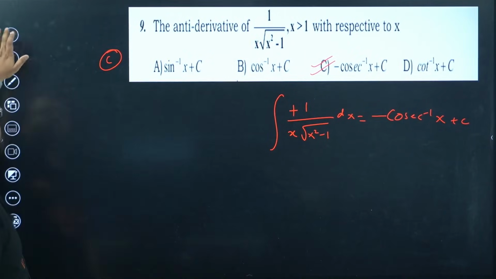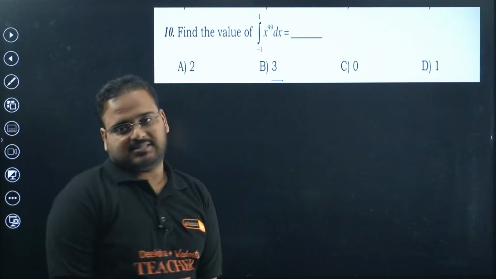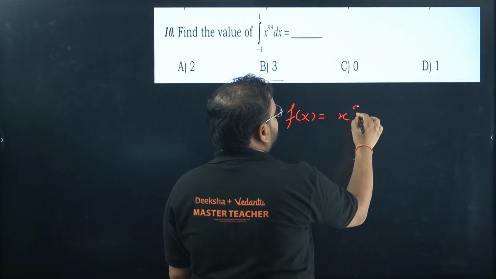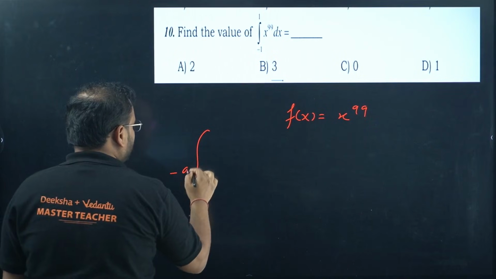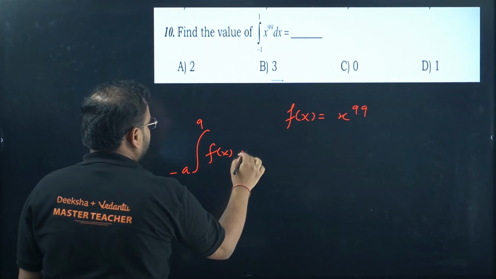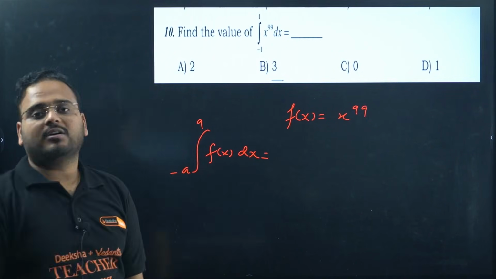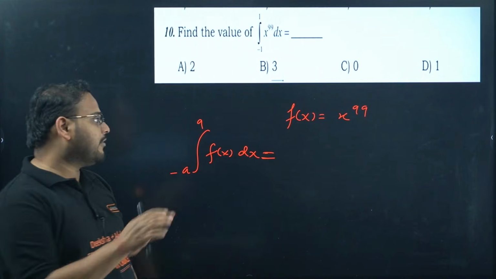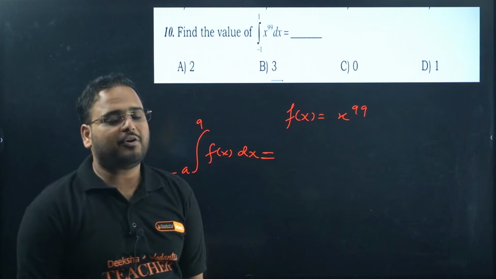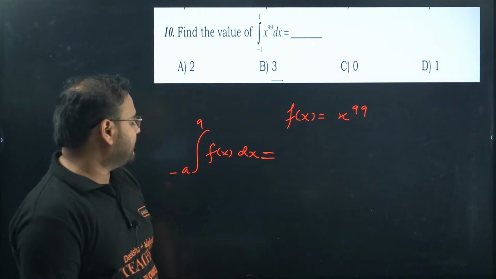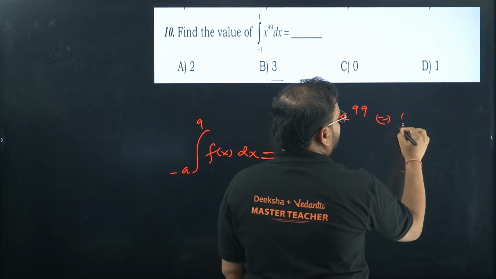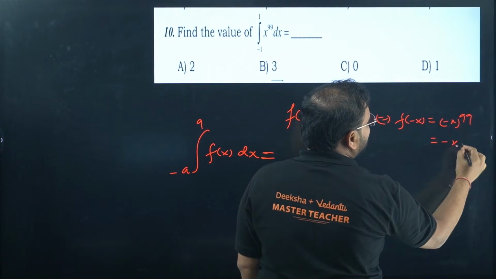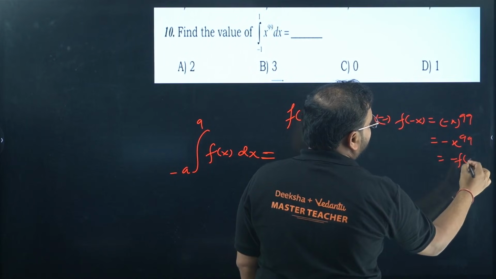Okay, 10th one, find the value of this. Check it out. My function over here f(x) is x power 99. Whenever you see this limit minus a to a f of x dx, always check for odd and even function, because that is a property of definite integral, right? So if you check over here, f of minus x, you'll get minus x power 99. The power is odd, means minus x power 99 will come simply minus f of x.